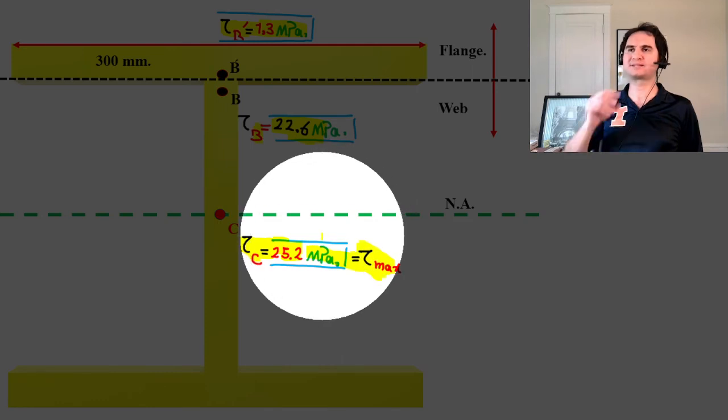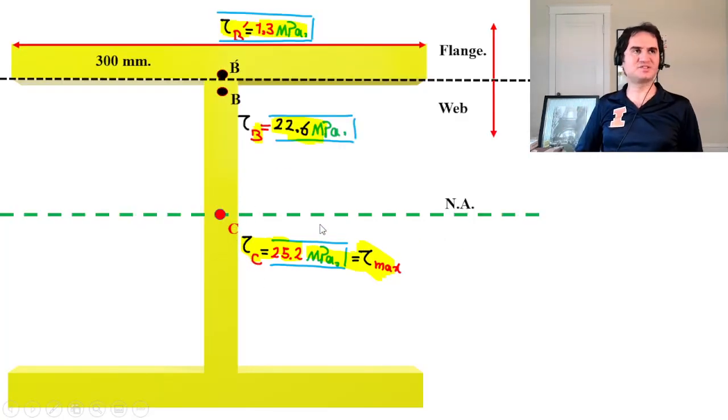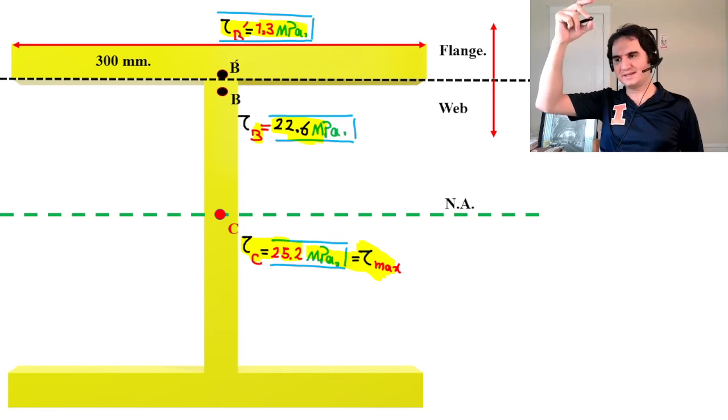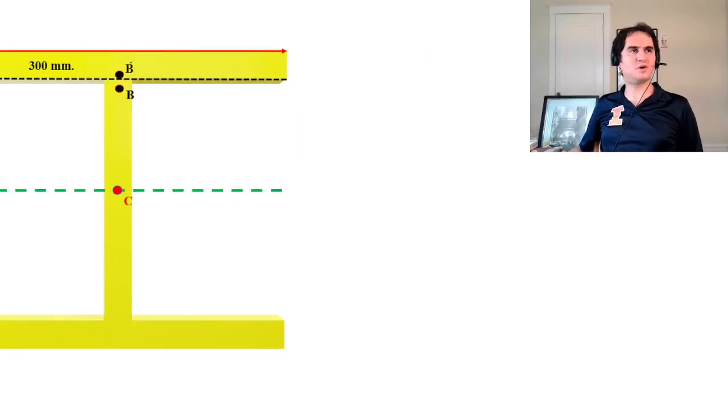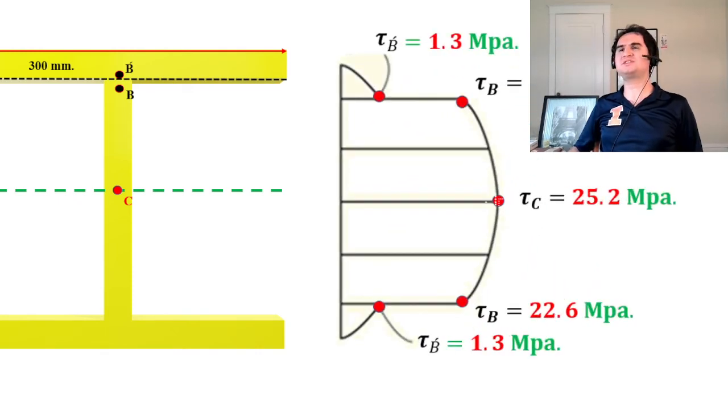That's the tau maximum, and that's an interesting study for an I-shaped beam if you want to draw the shear stress distribution.